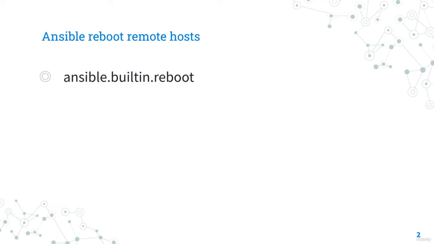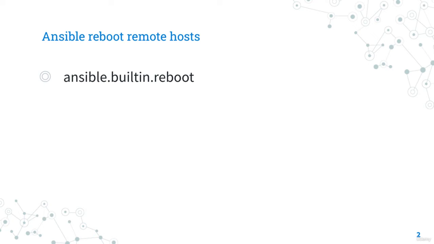This module is pretty stable and has been out for years, and supports a large variety of operating systems. The purpose is to reboot a remote machine, wait for it to go down, come up, and respond to commands.